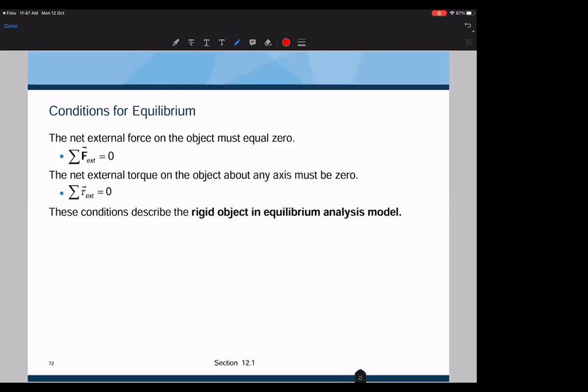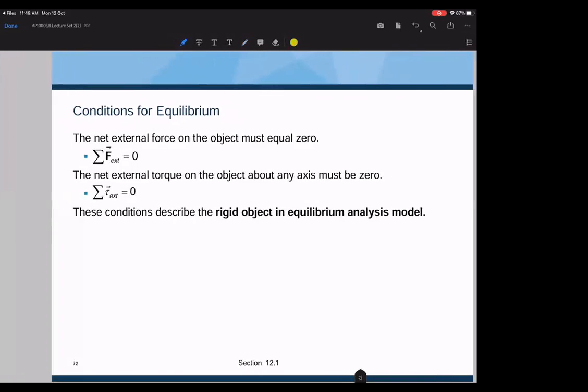Because if there is any net force, objects accelerate, and velocity changes. And if there is net torque, then the object rotates with acceleration. So if it is in static equilibrium, the conditions here must be satisfied in general.